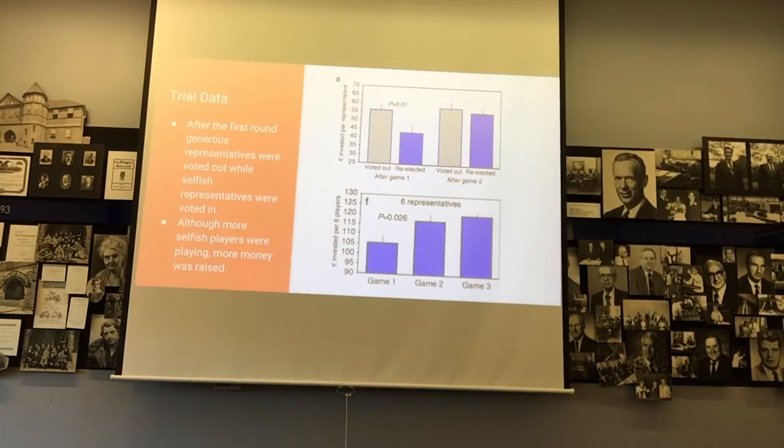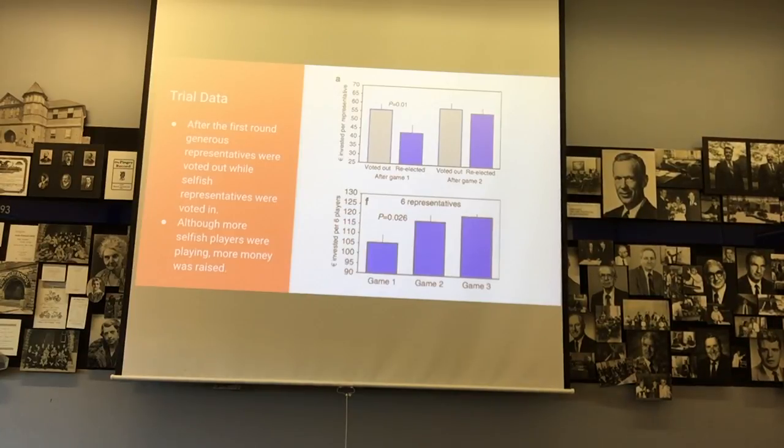So players who gave on average more than 55 euros tended to be voted out, whereas representatives who gave less than around 45 euros tended to stay in and continue playing.